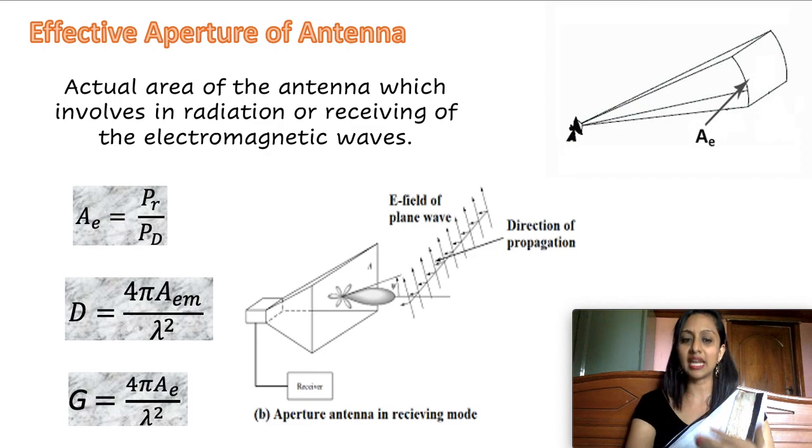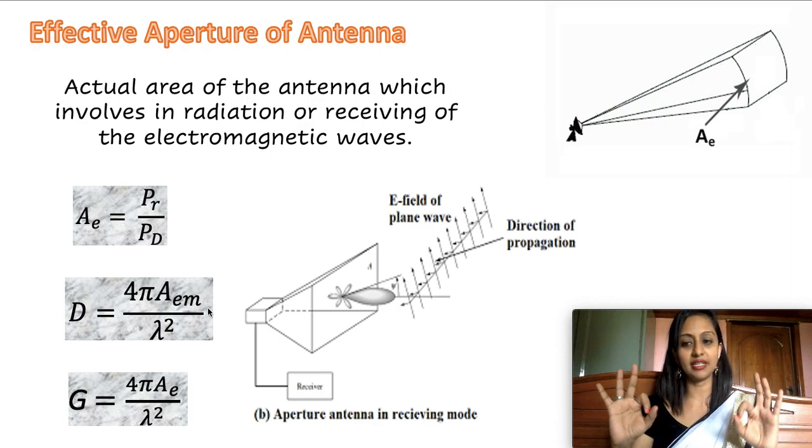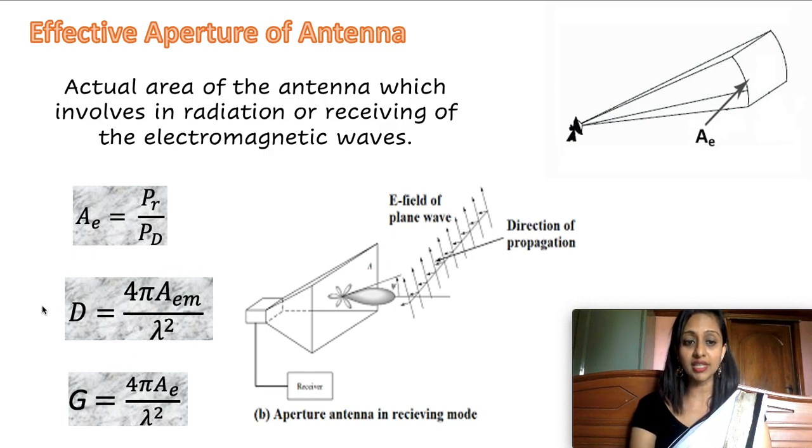It may not be exactly 50 ohms, maybe some reactance part is involved. So when all these things are involved in a practical scenario, I consider gain. In an ideal scenario, it's the maximum effective aperture, 50 ohms, perfectly matched. So this relation between directivity and the effective aperture is very important in our antenna world.